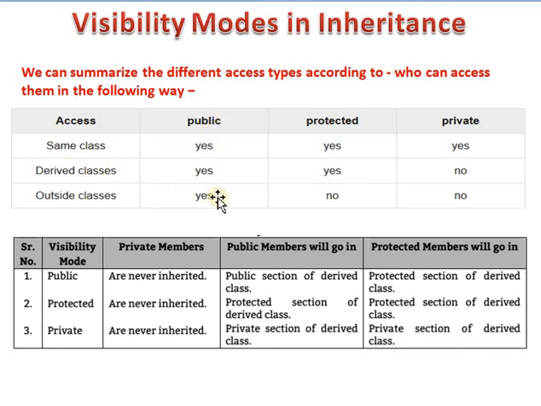Then public members of the class can be accessed directly outside of the class. Protected members are not accessed directly outside the class, and private members of a class cannot be accessed outside of the class. This is the summary of who can access what.